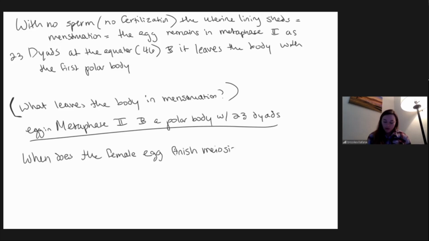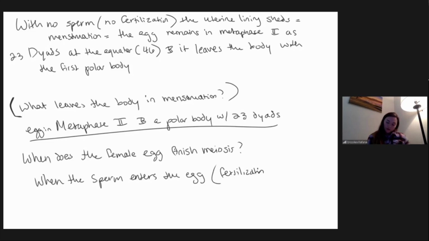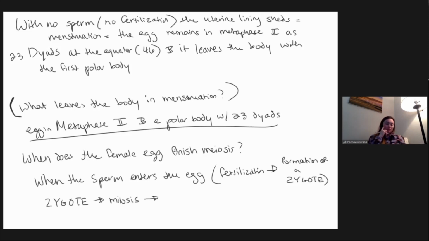The finishing of meiosis by the female egg happens when the sperm enters the egg. Good, and we call this fertilization. And this would lead to the formation of a zygote. And a zygote is the very first cell that will become a baby, right? A zygote is going to go through mitosis, and it's going to lead to the formation of a baby. Good.